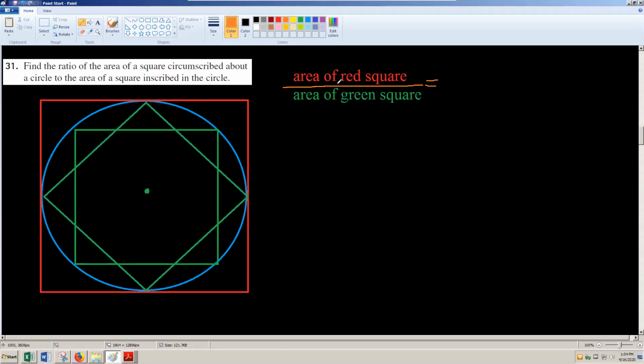So to figure that out, I just need to find the area of the red square. Now I don't have a set distance here, nor do I really need one because again, it's just a ratio. So it really doesn't matter what the actual length is. So I'm just going to start by naming a radius of my inner green square. Lots of different ways you can do this. This is just the way that I think of doing it.